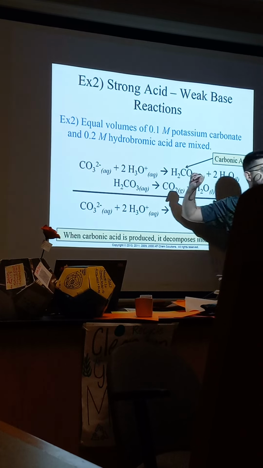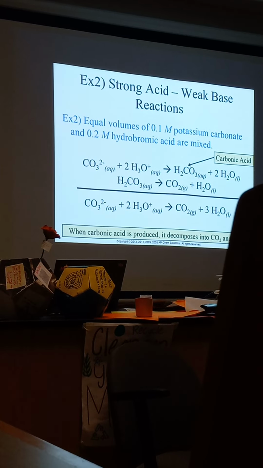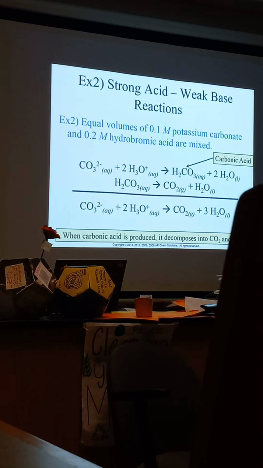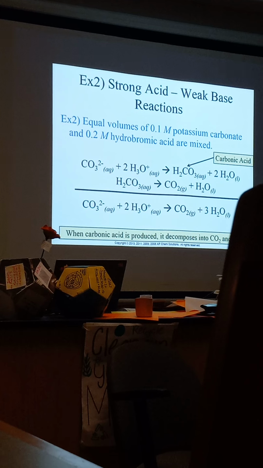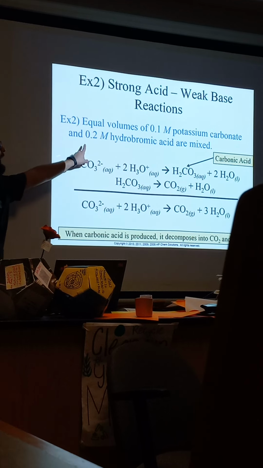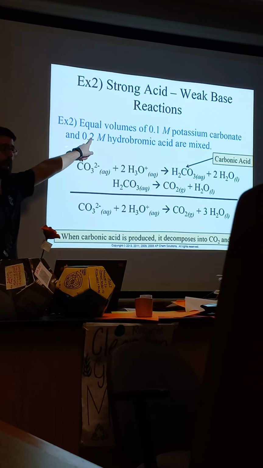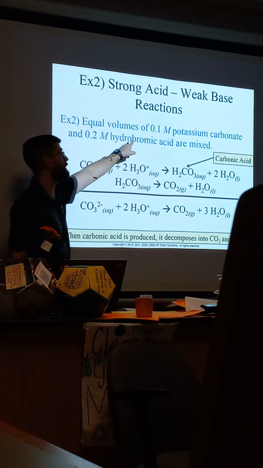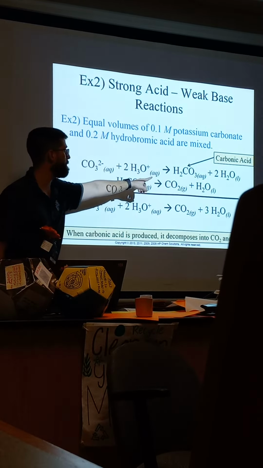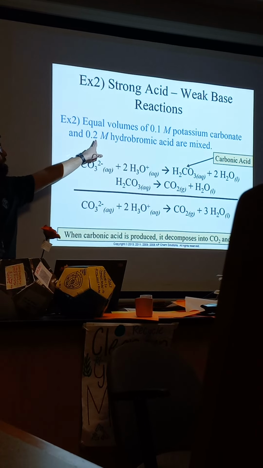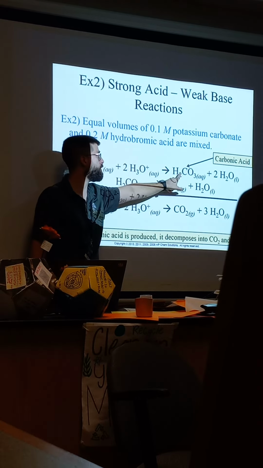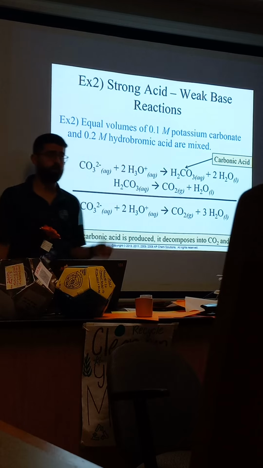What would it actually make, guys? HCO3 1 minus, right? But why are we able to make the H2CO3? Because how much hydrobromic do we have? 0.2 molar. Yeah, so as long as you have more than 1-to-1, you can make some H2CO3. And if you have exactly 2 or more, you can make only H2CO3.